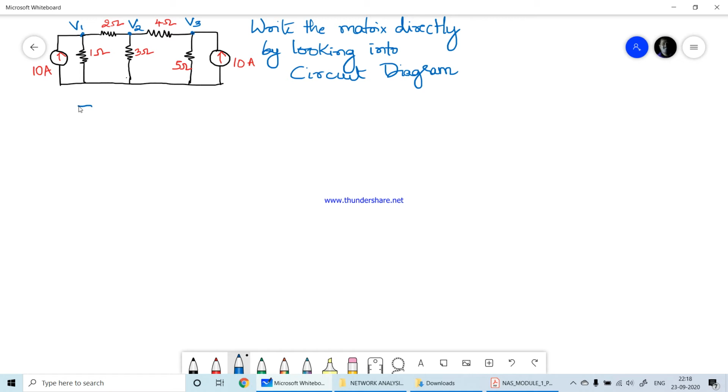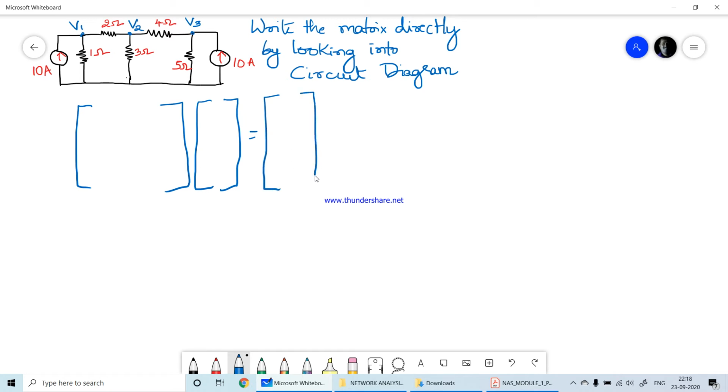So here, I'll just write the skeleton of the matrix first. Now this is nothing but Ohm's law. We all know that V equals I into R. Similarly, I equals V by R, right?